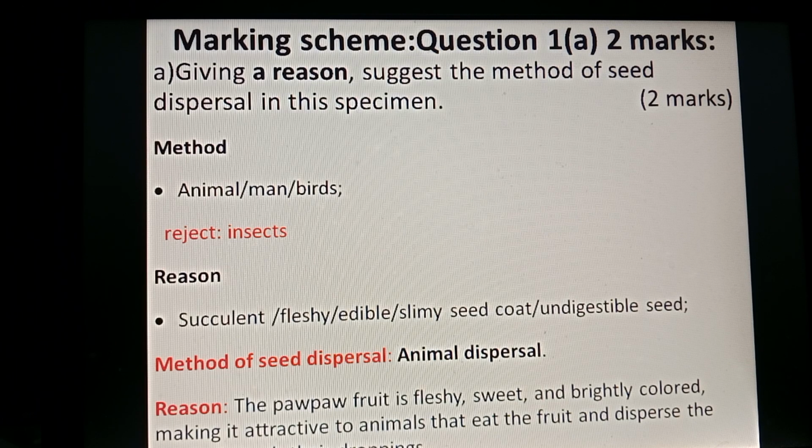Any of those, you get a mark. But for a structured answer, the red one just gives you the same thing, but structured. Animal dispersal. Reason: the pawpaw fruit is fleshy, sweet, and brightly colored, making it attractive to animals that eat the fruit and disperse the seeds through their droppings.